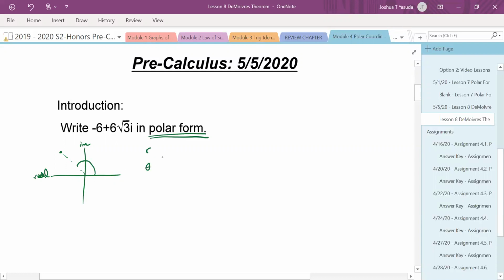So the radius, we said, is found by doing the square root of (-6) squared plus (6 rad 3) squared. What's 36 times 3?